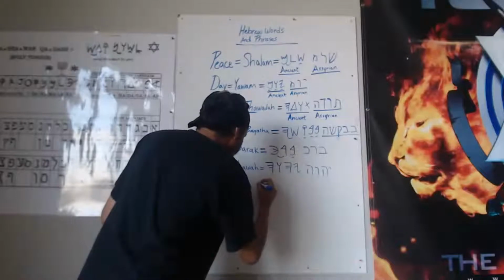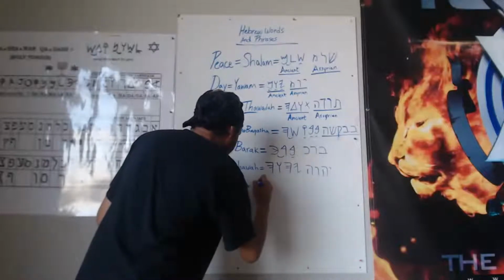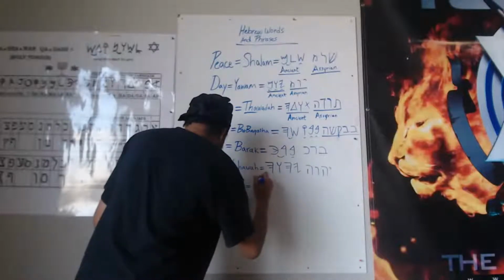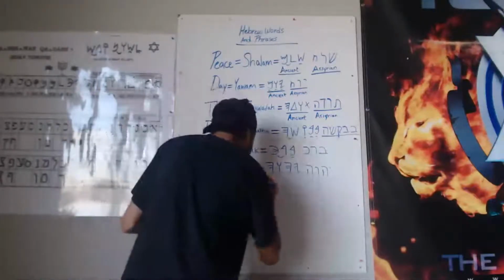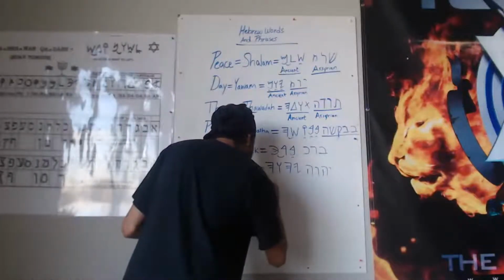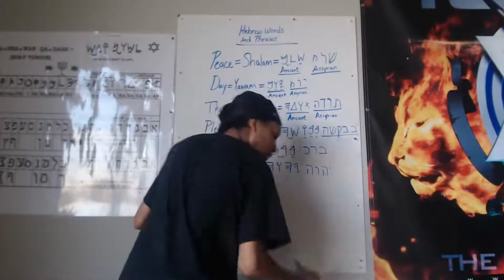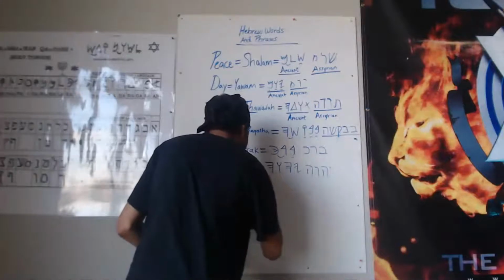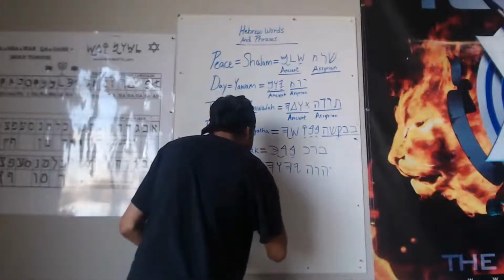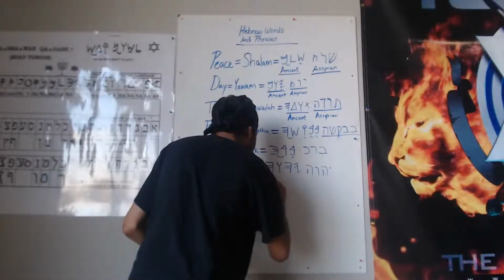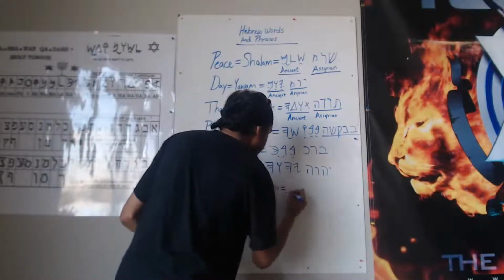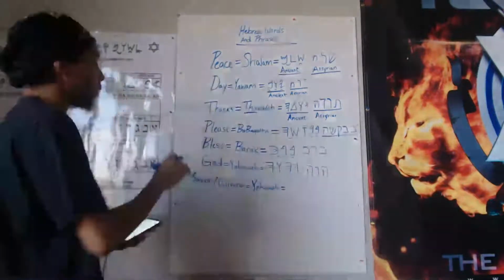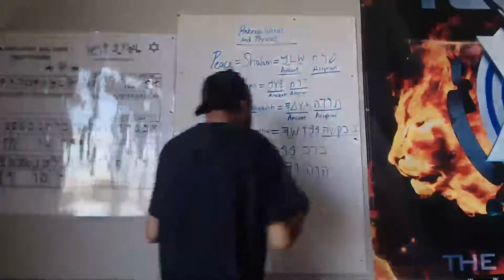Which would be Christ, okay? One second. Christ, I'm gonna just say Yahweh. All right, that's going to be Yahweh, okay? The Savior and the Deliverer.